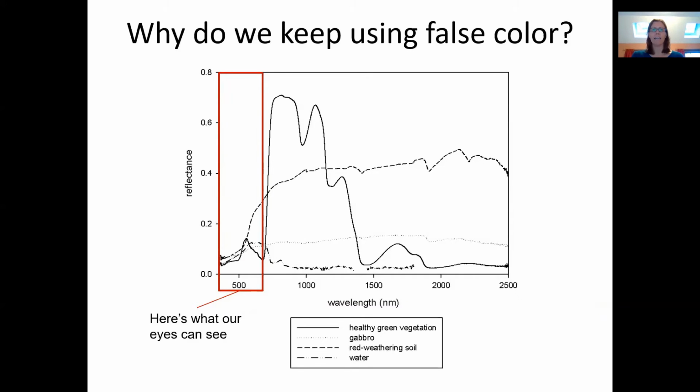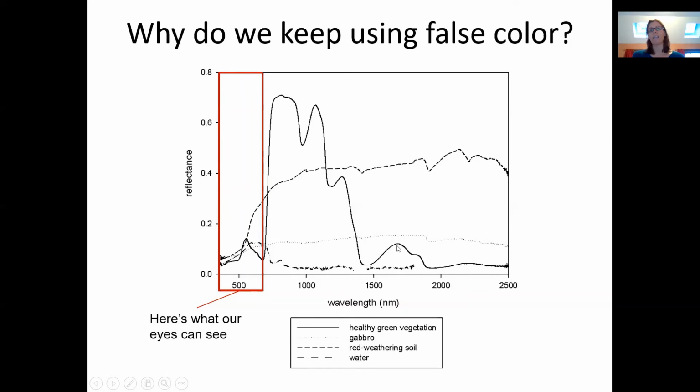For satellites, a lot of times the satellite I'm thinking of is a satellite that's been around for about 40 years at this point, which is called the Landsat satellite. It's a NASA satellite, and Landsat has historically had 6 bands or 6 wavelengths that it uses: 3 in the visible, so blue, green, and red, 1 in the near infrared right here beyond what we can see, and then 2 more in the shortwave infrared out here and out here.